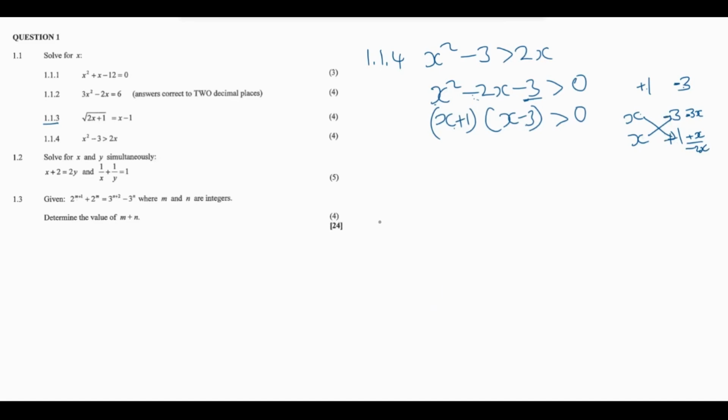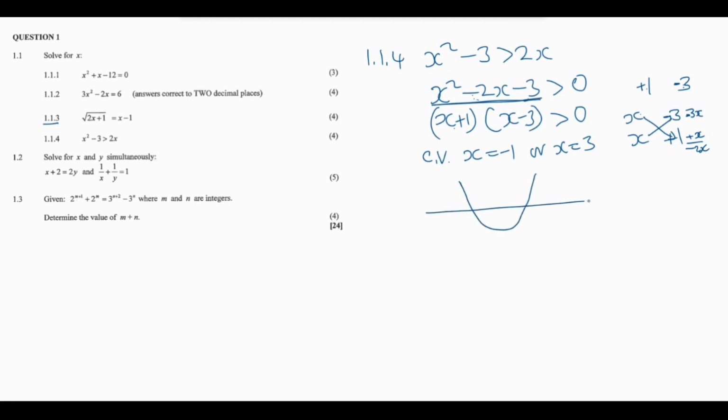That's another method. Right? And then now, what are we getting here? We're not getting the solution, but we're getting the critical values. So the critical values will be x is equal to negative 1 or x is equal to 3. Right? So what is the answer? What is the solution here? Right? This is a parabola. This is parabolic. So it means it is like this.